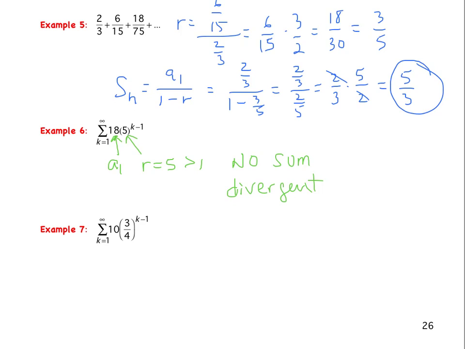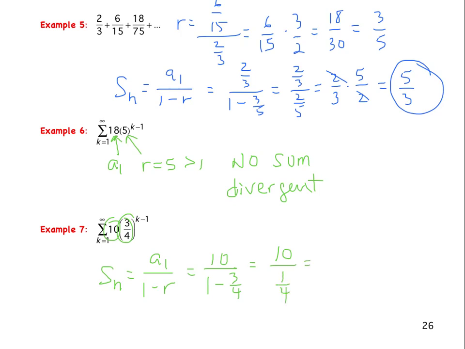But in example 7 that you see here, my r value is equal to 3/4. Since 3/4 is less than 1, it's convergent and I can find the sum. So the sum is equal to the first term over 1 minus r, or since 10 here is my first term, 10 divided by 1 minus 3/4, which is equal to 10 over 1/4.